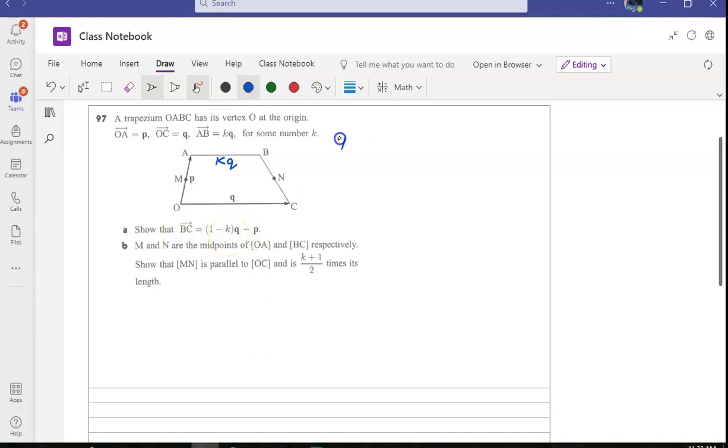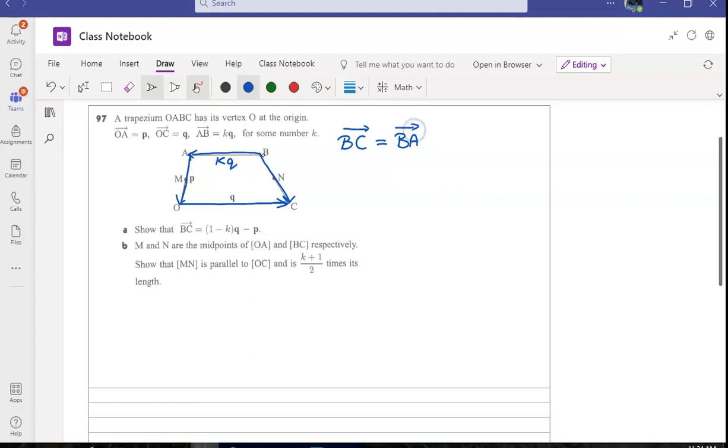So we're going to start. You've got to be really careful about what you're putting down on paper. If I want BC, so B to C, how do we actually get that? Vector addition. So you're going to go B to A plus A to O and then O to C. So we have to write that down, just in case you make a mistake.